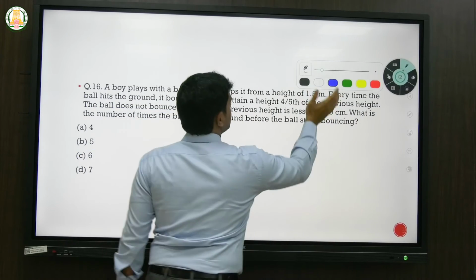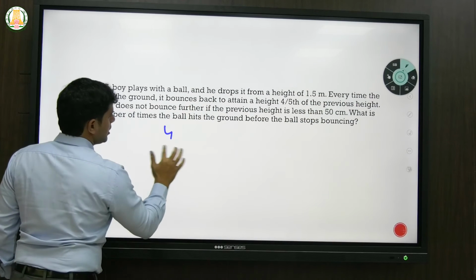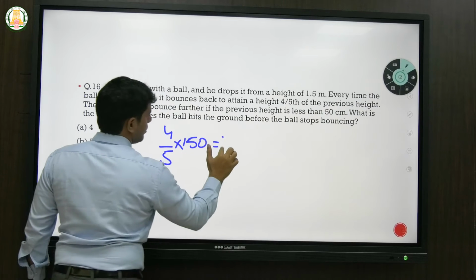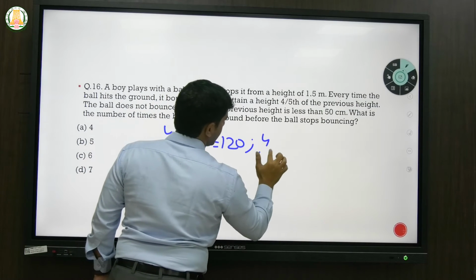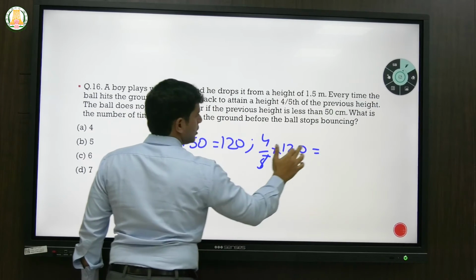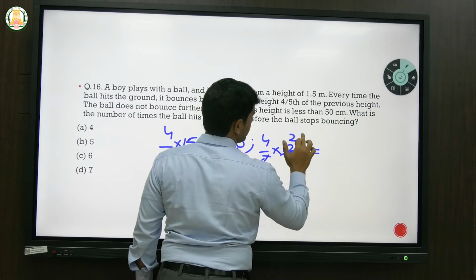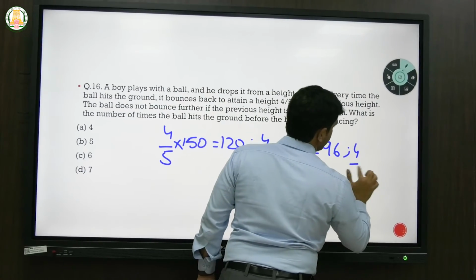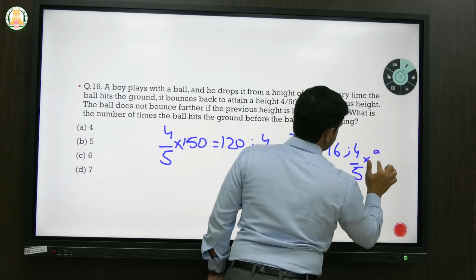I think the calculation will be almost the same. Let's say 4 by 5 into 150. This will be 120. Now next, 4 by 5 into 120, it will be 96. Then 4 by 5 into 96.